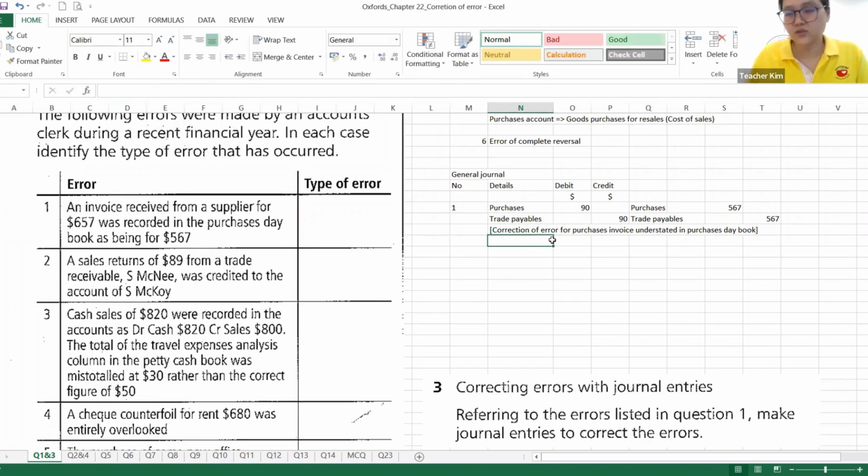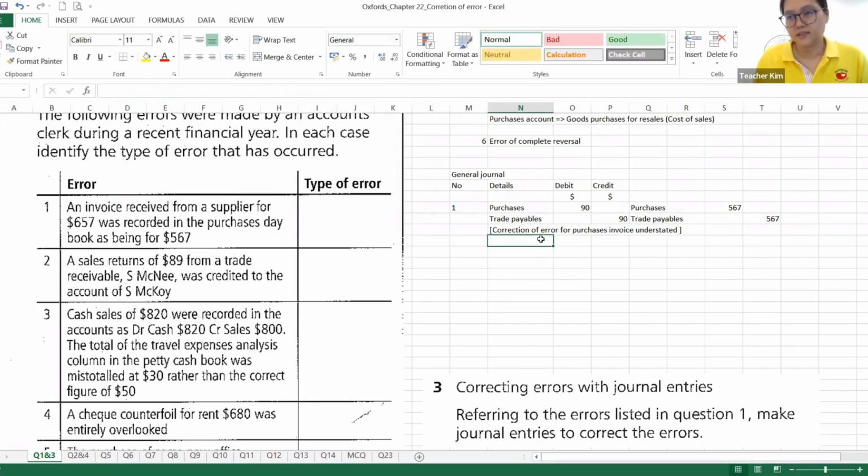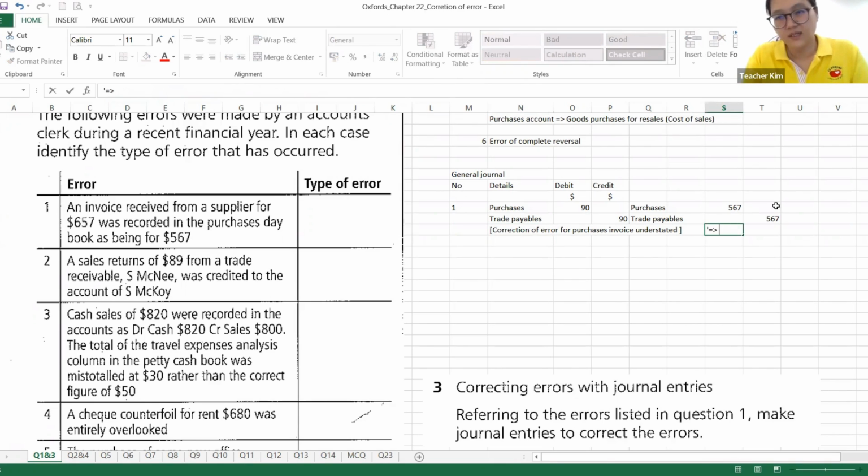If you don't want it so long, you can also put it like this. It's not necessary to follow 100%, but try to keep your narrative short. So this is called a narrative. We just want to do some refreshing in case you forgot the section 2 chapter.